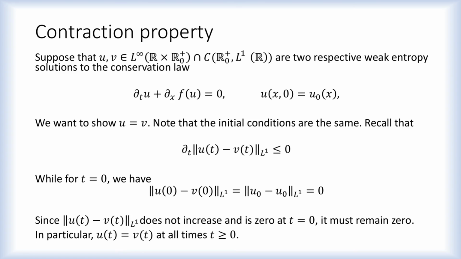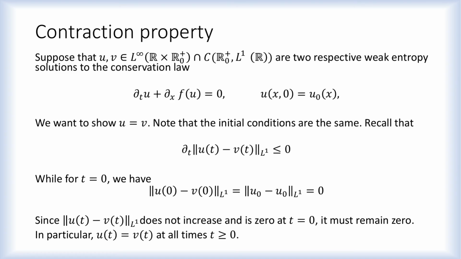Now, according to the theorem on the previous slide, the L1 distance of the two solutions over time does not increase. It may stay constant or it may decrease. But at t equals 0, let's take a look. The L1 distance of u0 and v0, that's just the L1 distance of u0 and, well, u0. Obviously, that equals 0.